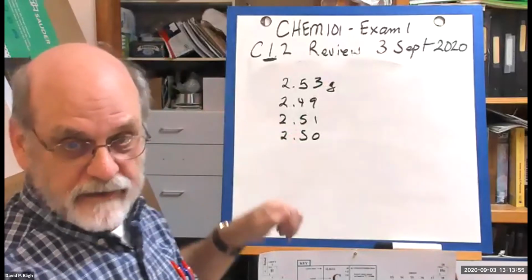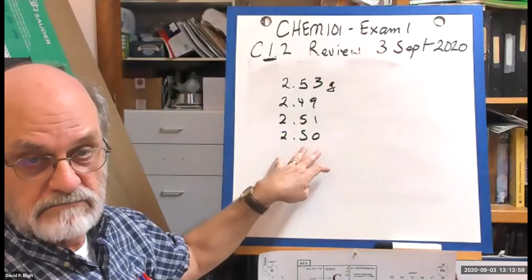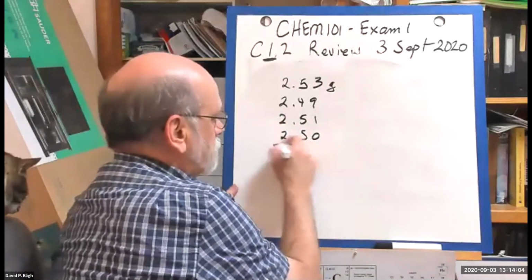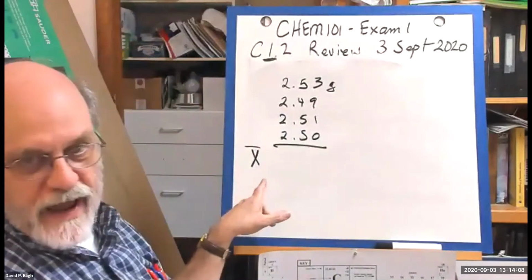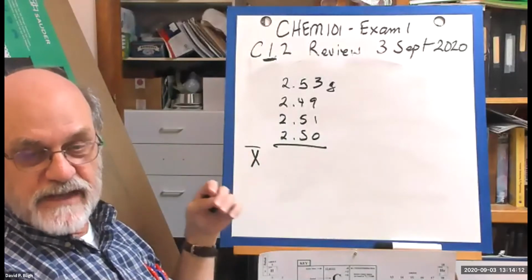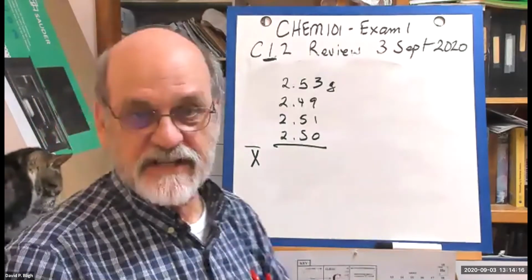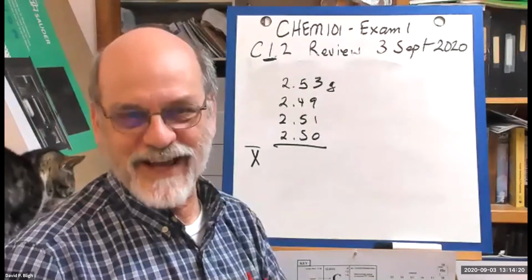All right. Now, what does that look like to you? Does that look precise? Looks to me like it's fairly precise. Right. So let's say, what's the average? And that's the symbol for average. Whenever you see an X with a bar over it, that designates the mean. Anybody going to take statistics? No? Okay.